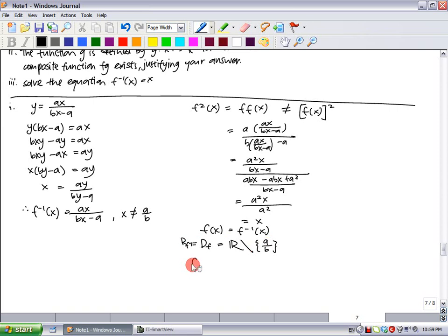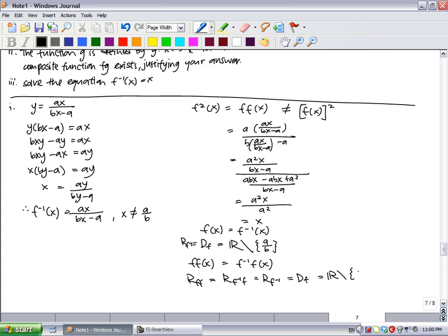I could then see f f x as actually going to be f inverse f of x, in which case the range of f f is actually going to be the range of f inverse f, which is going to be the range of f inverse, which is going to be the domain of f, which is going to be the same thing.